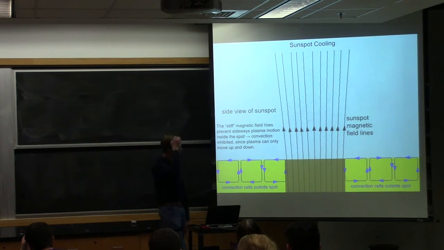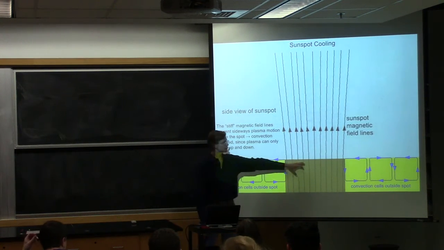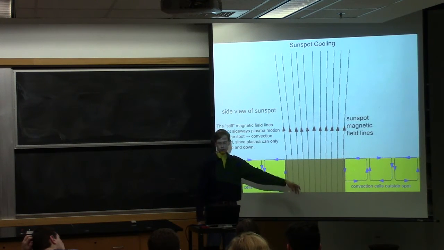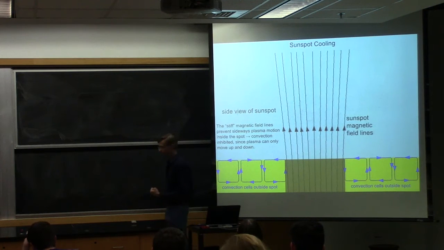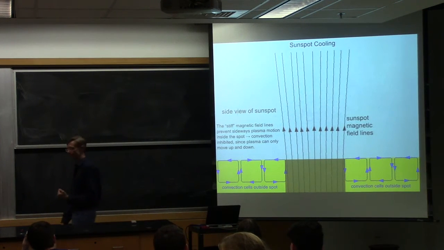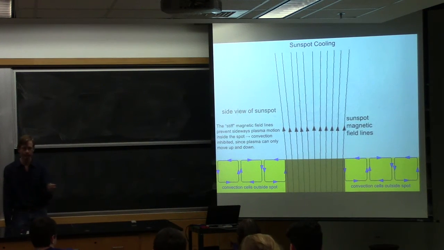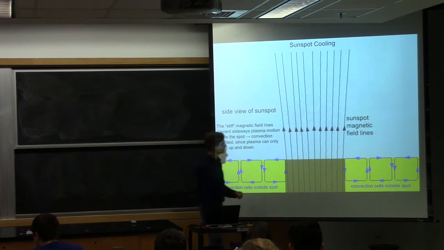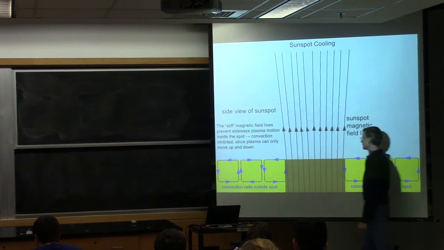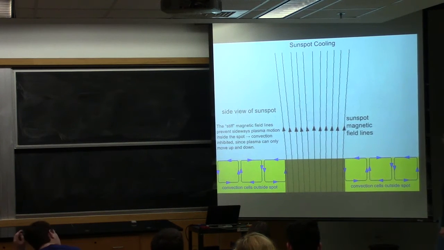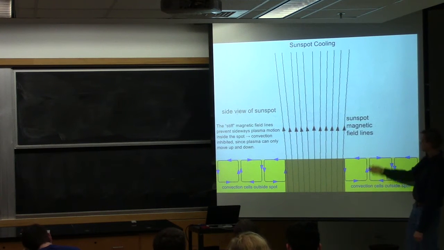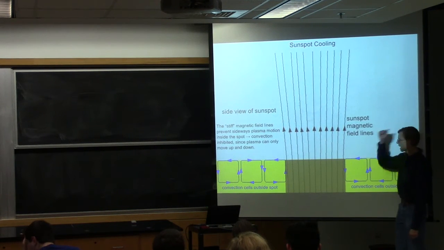Okay. Yeah, so flux freezing makes sunspots because in the sunspots the magnetic field is really strong, so we get this additional factor called magnetic tension, where the magnetic field lines resist being bent. Inside sunspots, they resist being bent enough that in combination with flux freezing, it prevents convection. Because for convection to take place, not only do you have to go up and down, you have to go side to side.